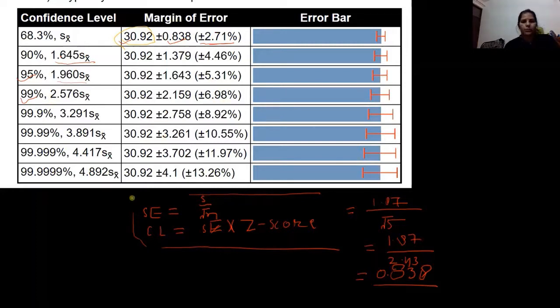You can clearly observe here that as the percent probability levels in the first column are increasing, the error bar sizes in the third column are increasing, and in the middle column the percent of margin of errors are increasing too. In this way we can calculate margin of errors or confidence limits for all these given probability levels.